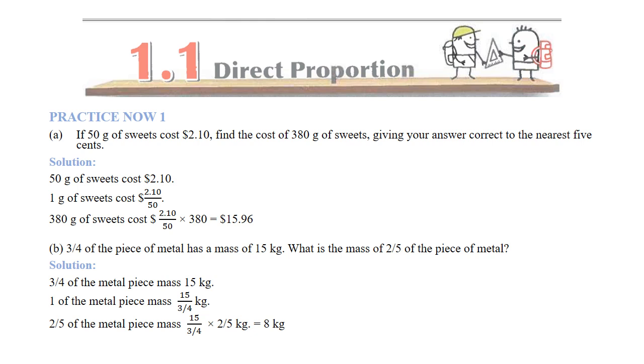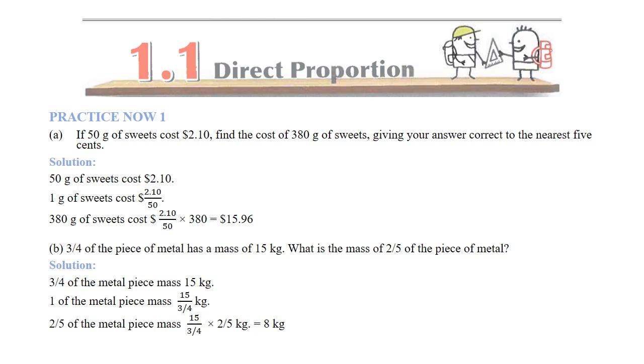So physically we can understand, if we increase the size of the metal piece, it will definitely increase its mass. And that's why we can say that it is a problem of direct proportionality.